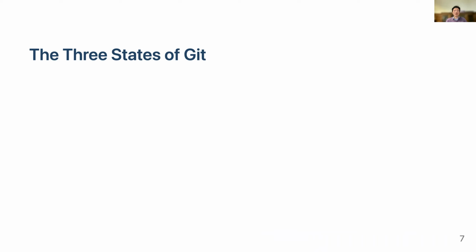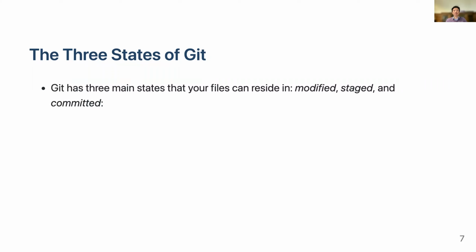Also, the more you use it, the more you will get used to these different concepts or states. That's also kind of necessary because of the features required to enable a distributed version control system.